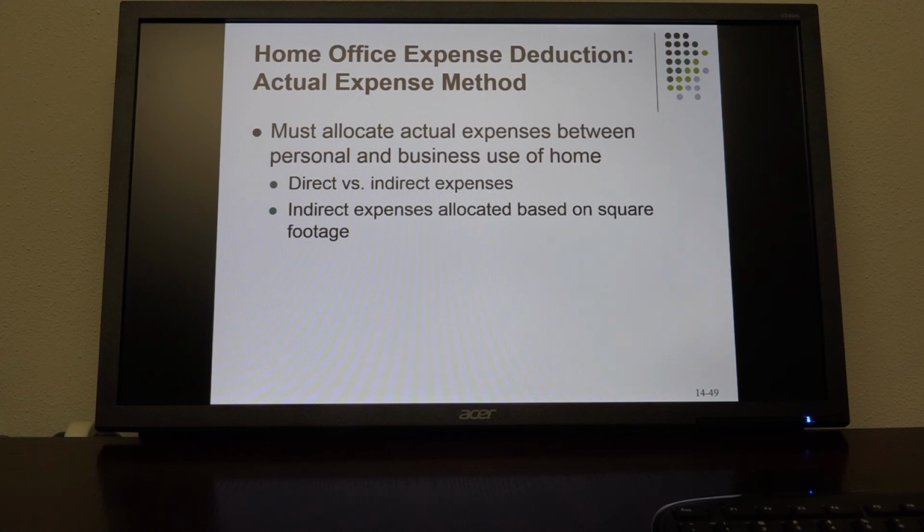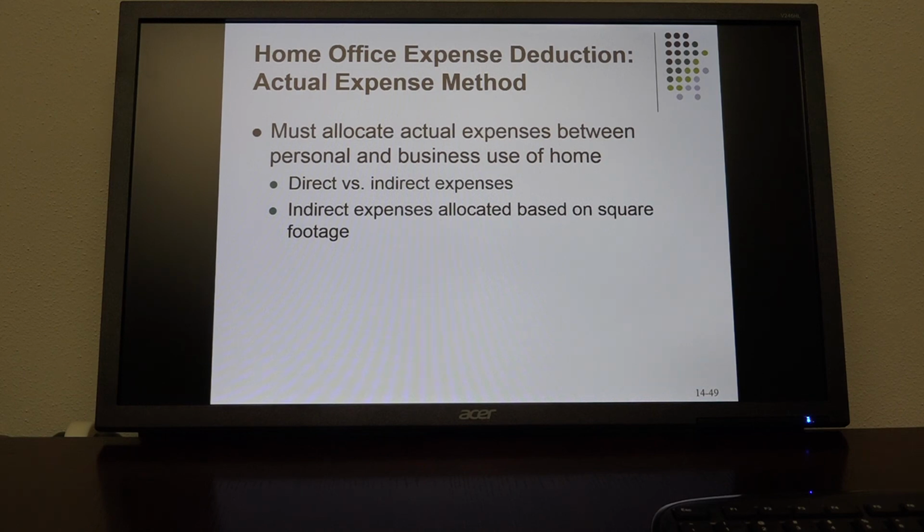Insurance on the house for the whole year is $1,200. How are you going to allocate between personal use and business use? Well, usually you're going to do it on a percentage basis. You could do a square foot basis, but it's still going to come down to a percentage.